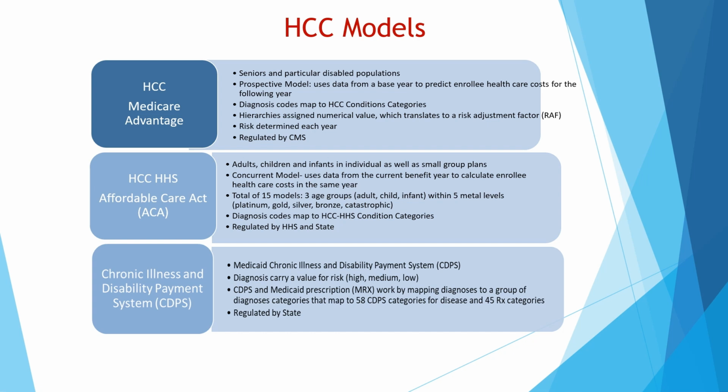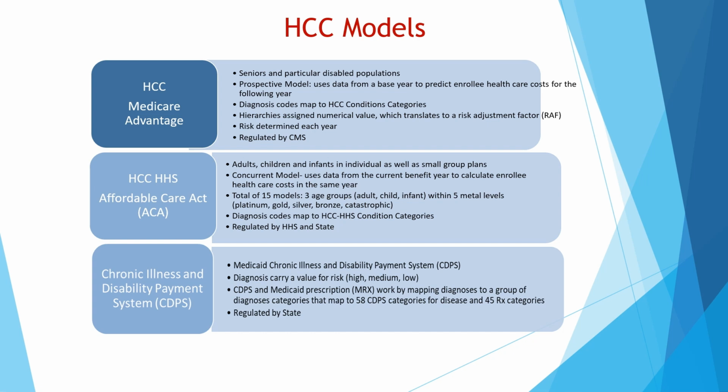C. Total of 15 models, 3 age groups, adult, child, infant, within 5 metal levels, platinum, gold, silver, bronze, catastrophic. D. Diagnosis codes map to HCC-HHS condition categories. E. Regulated by HHS and state.